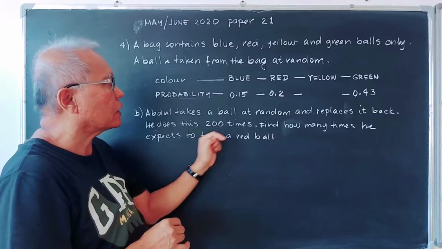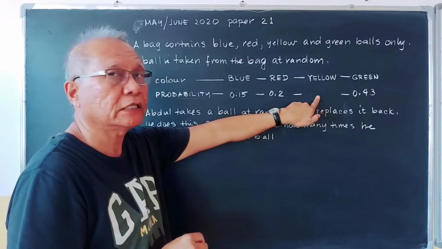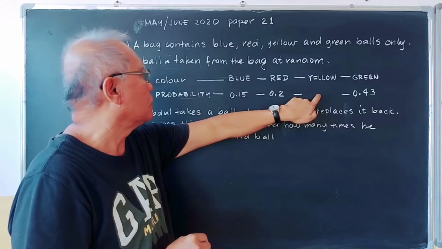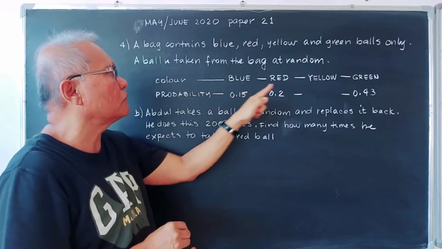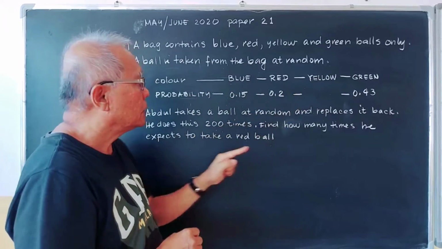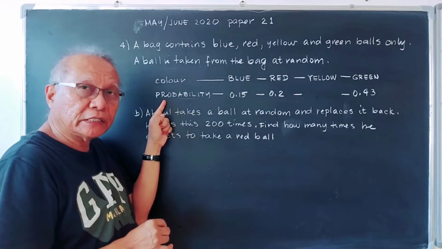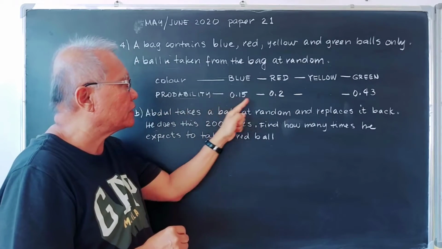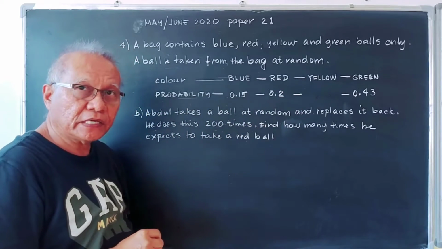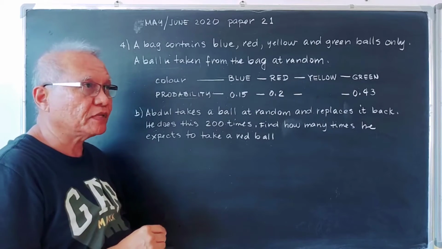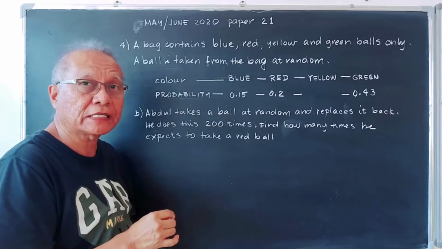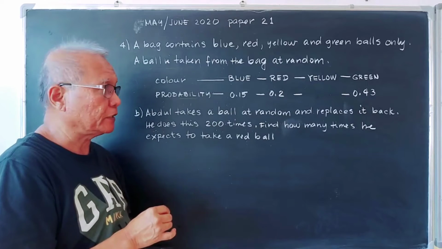So first we are going to fill in the table for the yellow ball. What is the probability of the yellow ball? In probability, if we add them all, the total must be exactly 1. It cannot be more than 1 because 1 is 100% already.